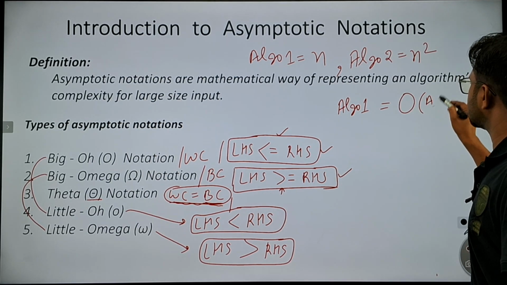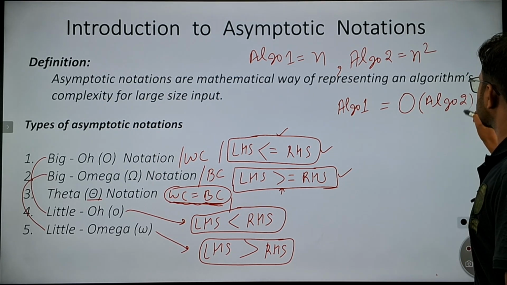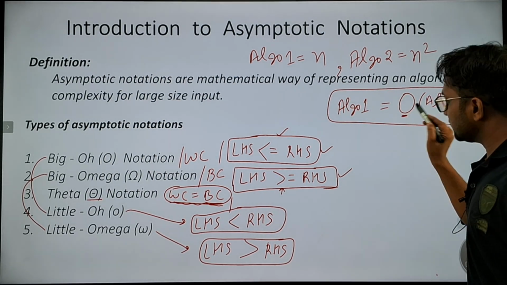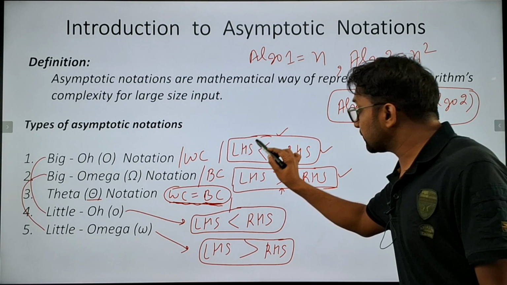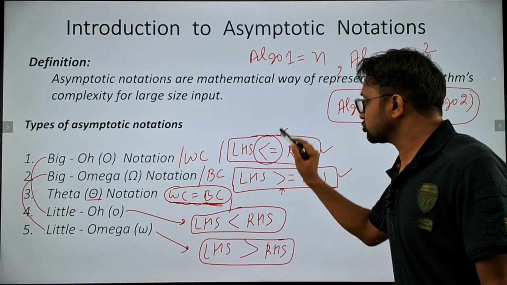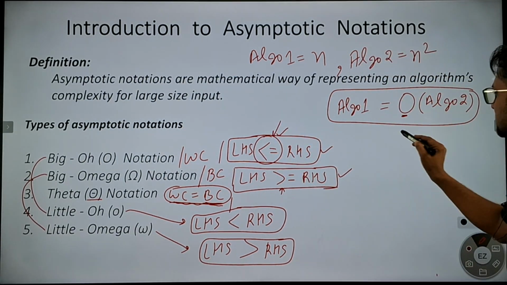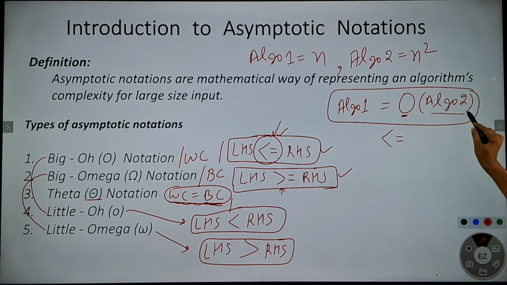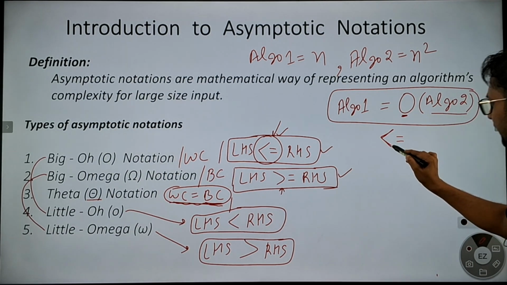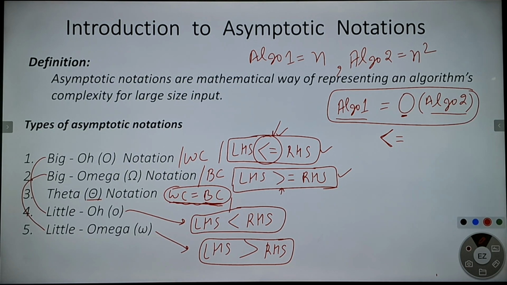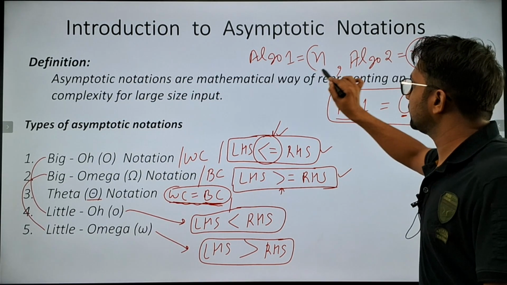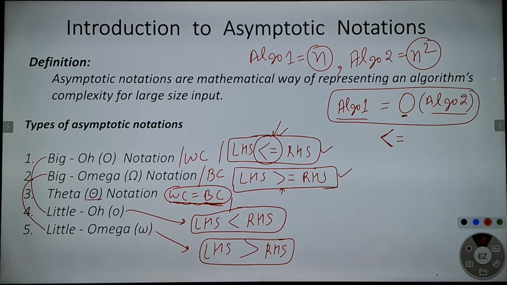Yes, I can, because this big O notation can be replaced by this relation. If I replace it, you find that algorithm 2 takes greater or equal time compared to algorithm 1. Yes, algorithm 2 is taking n square time, which is bigger than n.